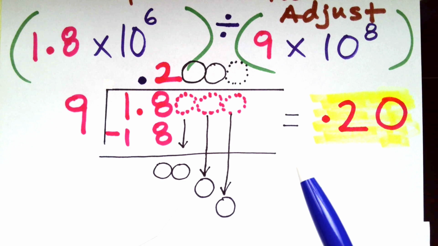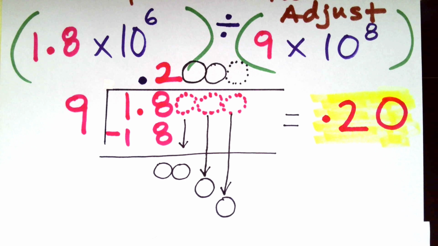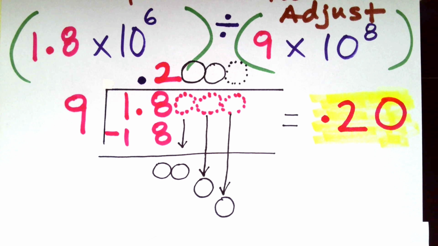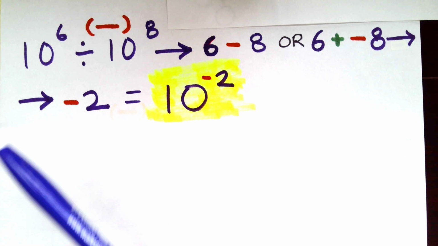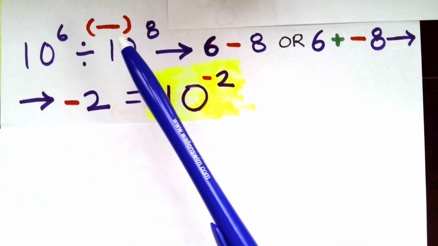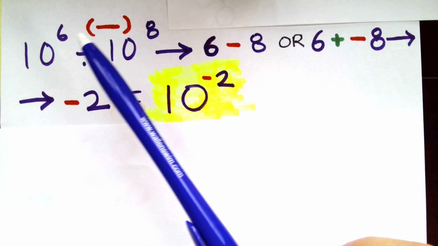What's step 2 in finding the quotient of this problem in scientific notation? Hint, there'll be a third step as well. Step 2 is to divide the base 10 with the exponents 6 and 8.